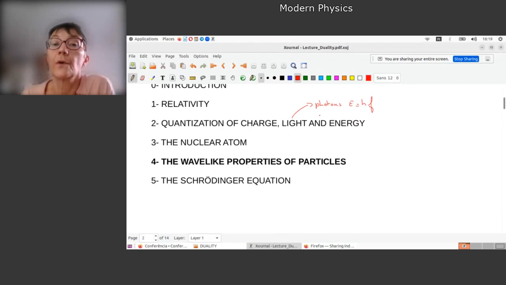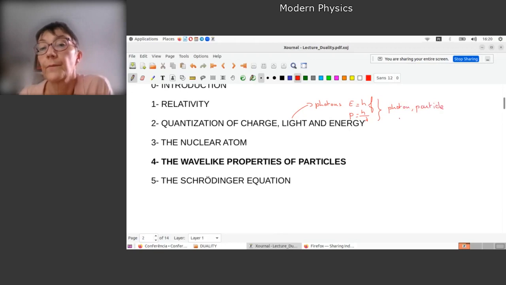To interpret the Compton phenomenon, it was necessary also to give to these particles a linear momentum p, equal to the same constant h over lambda. So photon, particle of light. And now we are going to see the wave-like properties of particles.